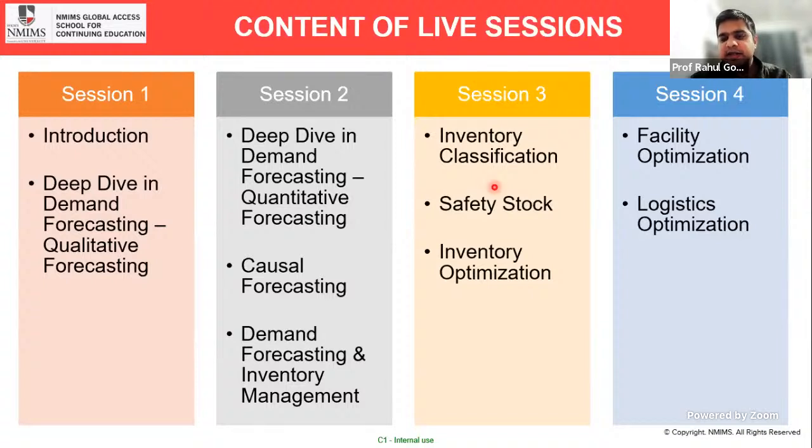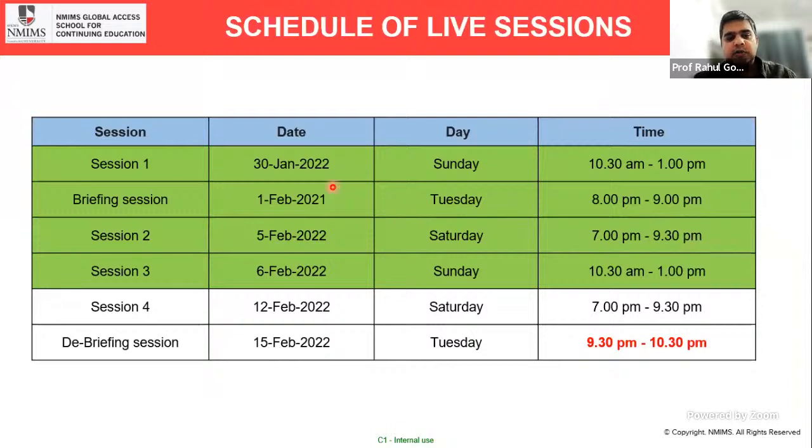We reached a certain level, and there is some content left to be discussed in inventory optimization. So we will start from where we left last time, and then we have two topics to cover in logistics optimization: facility optimization and route optimization. So this is what we have done till now.